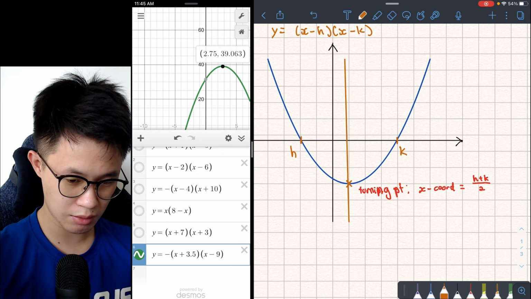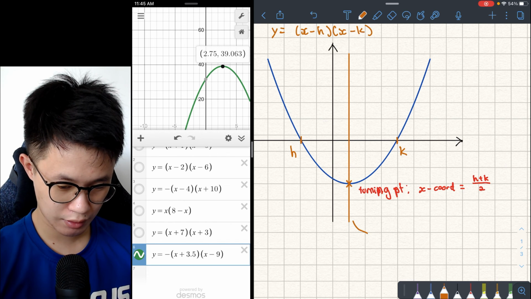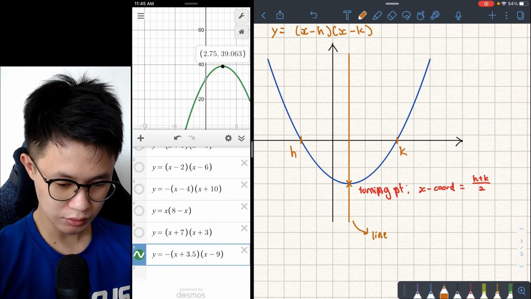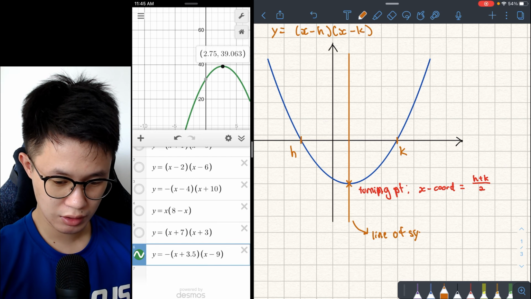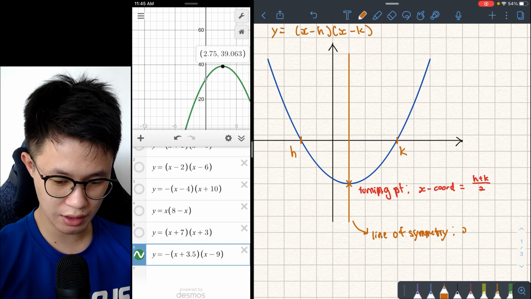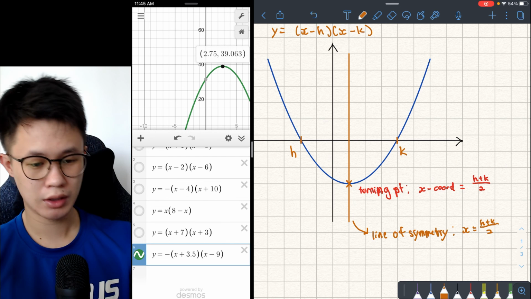I'm going to draw the line of symmetry. This is also in fact just x equals h plus k divided by 2.